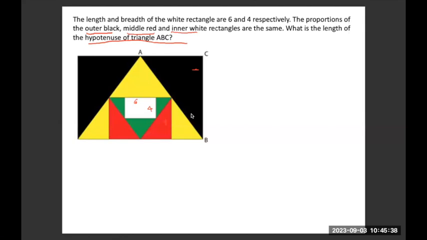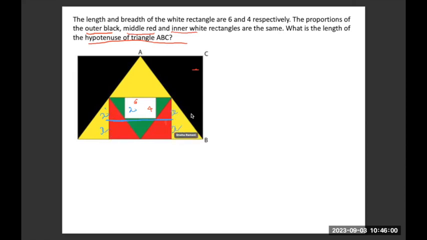Now, in this case, if I extrapolate this, extend this out, what it means is if this is x, this will also be x and this will also be x, because they both are equal here.